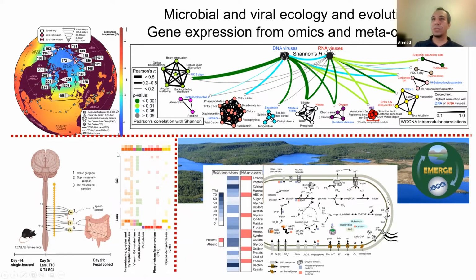What you're looking at down here on the lower left is also something that I have participated in. This is a study from mice where we looked at the variation in microbial community composition in a genome-resolved fashion, across different injury levels at the spinal cord of these mice.